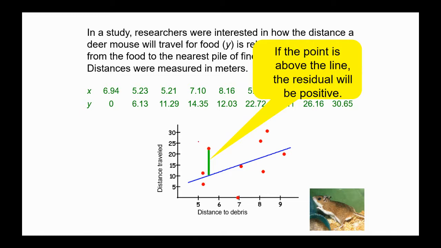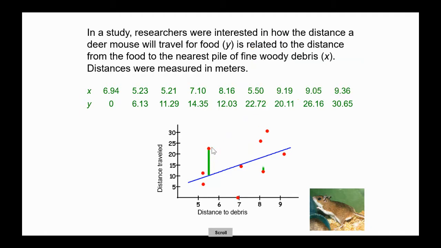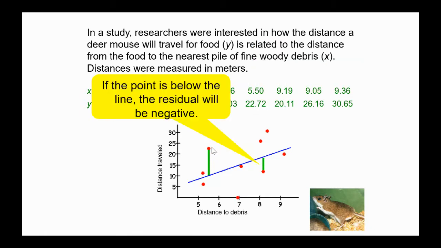So if a point is above the regression line, then the residual is going to be positive. If it's below the line, then our residual will be negative.